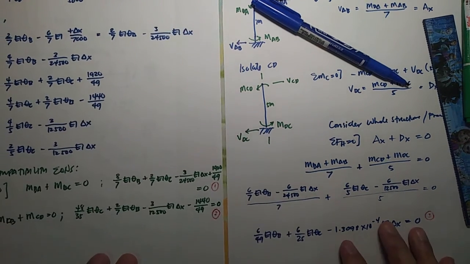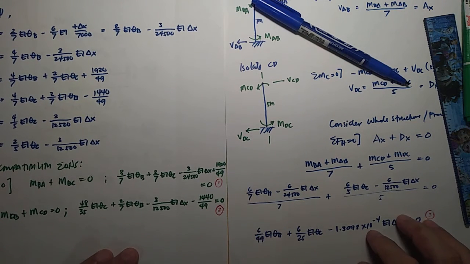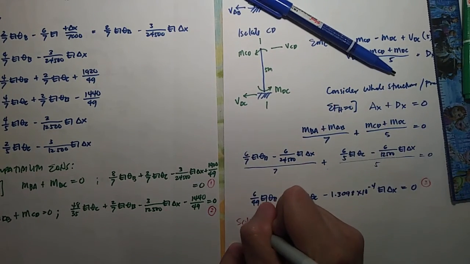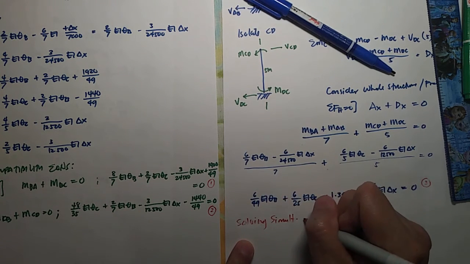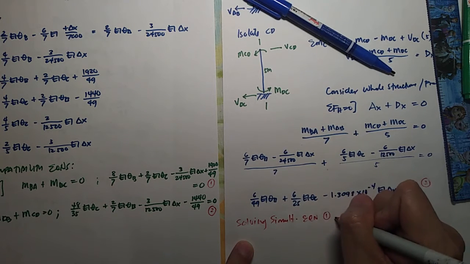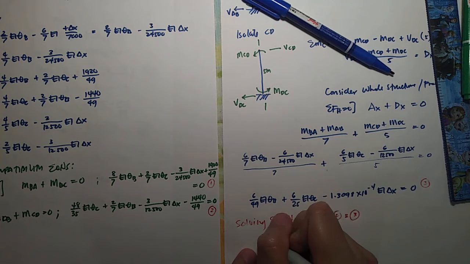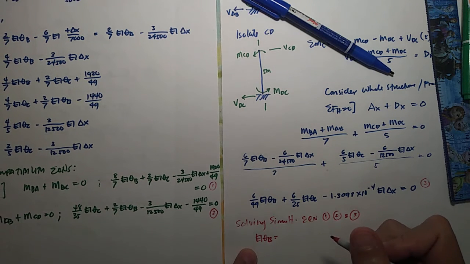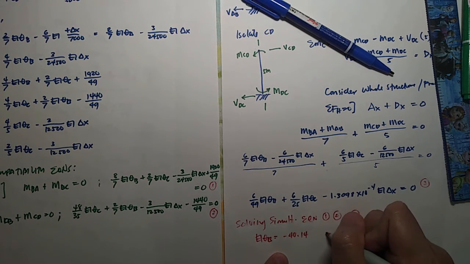Okay, so we're done. So first, second, and the third equation. So we have 3 equations with 3 unknowns. So, solving simultaneous equations 1, 2, and 3. This would give us the answers for EI delta B, and that is negative 40.14.